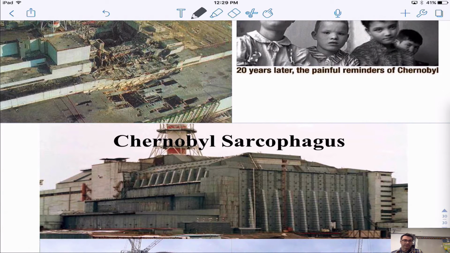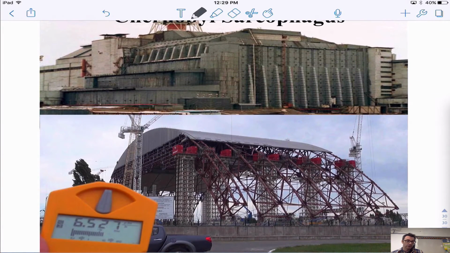And so this building was teetering on the edge of falling down for many years. And so very, very recently, they're constructing a new sarcophagus that is going to be more stable and more state of the art. It's going to protect the area around it from radiation.